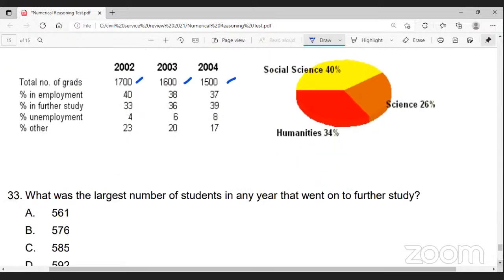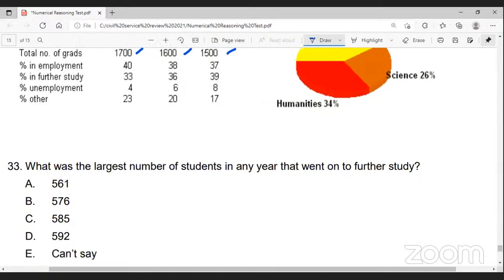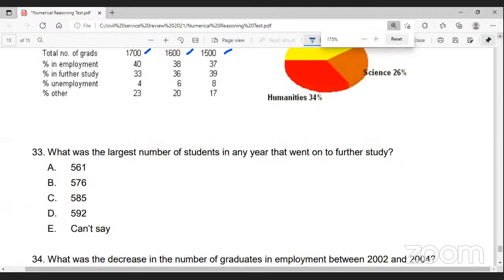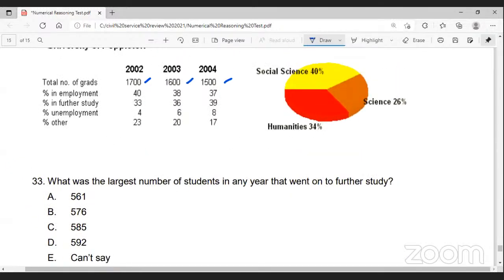Try to answer this one. What's the largest number of students in any year that went to further study? What are you going to do with the data? To answer the largest number of students, you need to multiply.